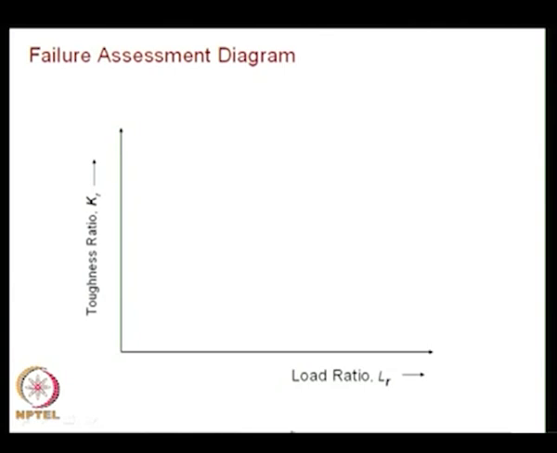You have a graph drawn between load ratio, which is put as LR, on the x axis, and toughness ratio Kr on the y axis, and you have a failure envelope which is obtained like this. And if your actual structure lies in this zone below the curve, it is an acceptable region. So, that would be determined by your LR and Kr values.